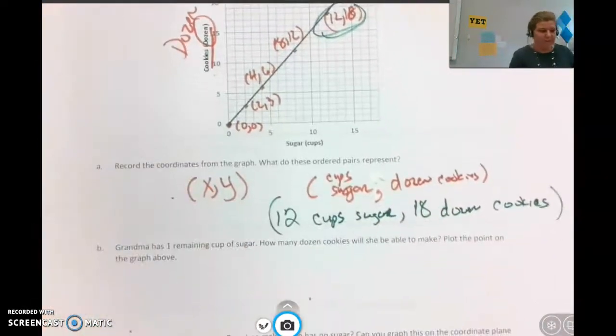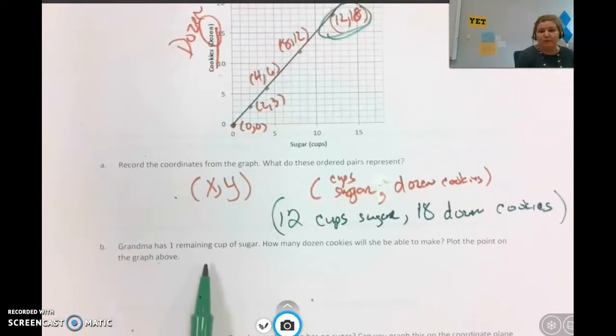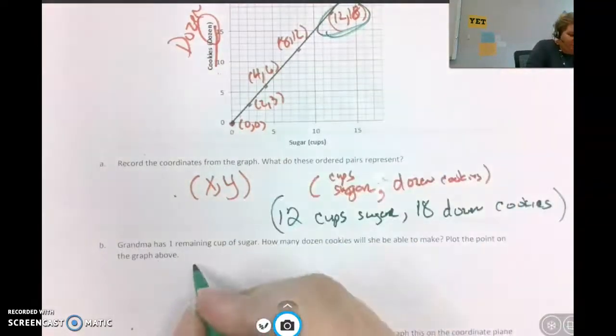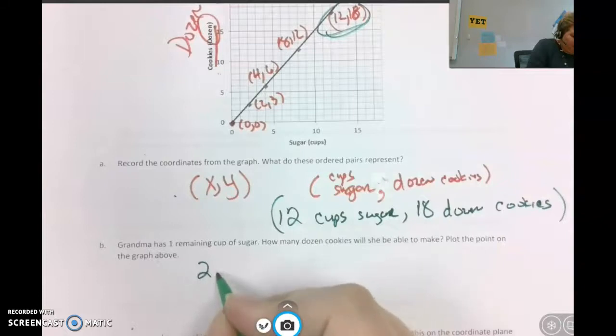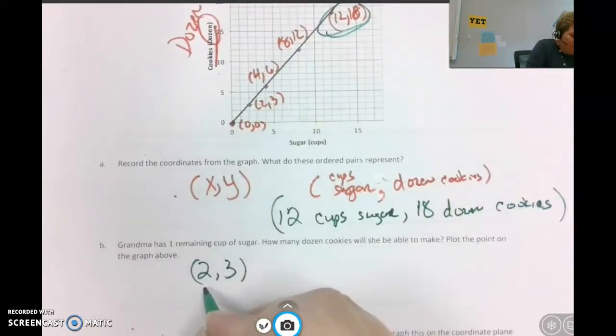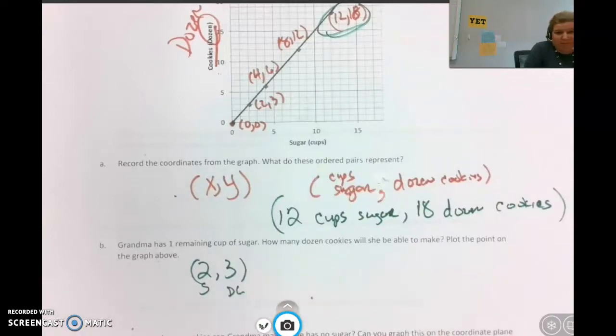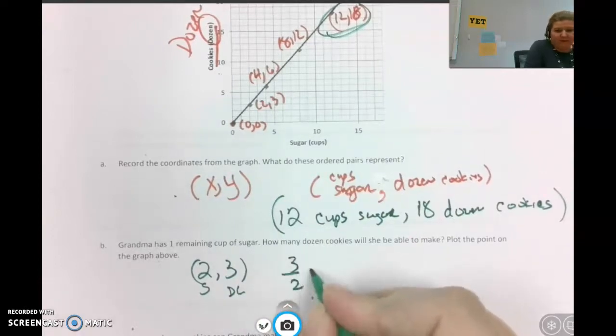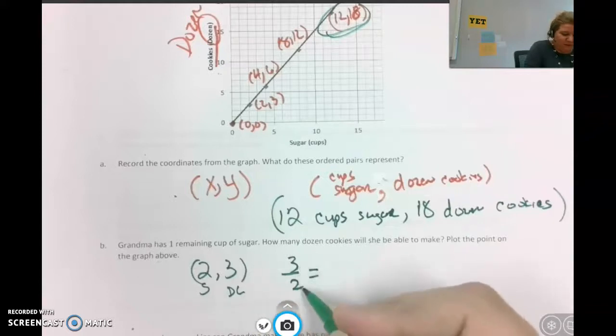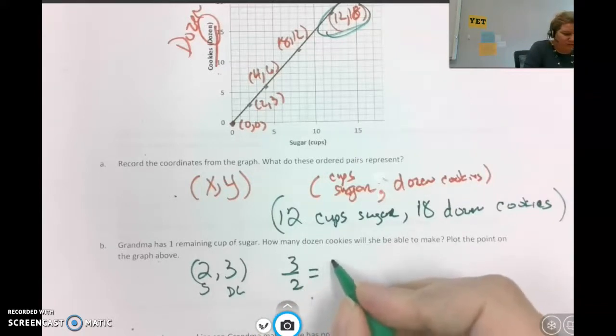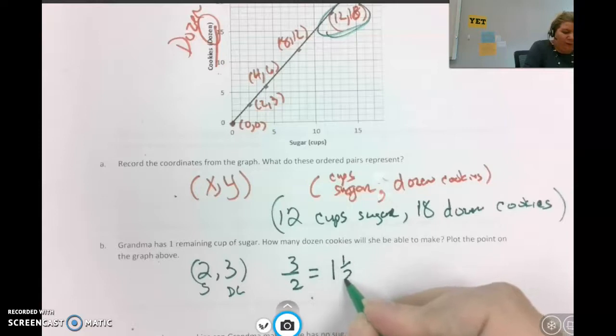All right. Grandma has one remaining cup of sugar. How many dozen cookies will she be able to make? If 2 cups of sugar makes 3 dozen cookies, 3 dozen cookies divided by 2 cups of sugar is 1.5.